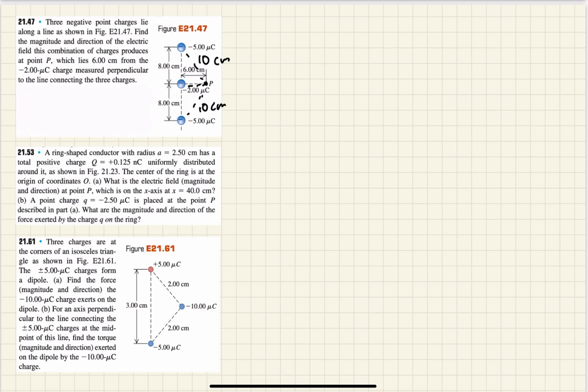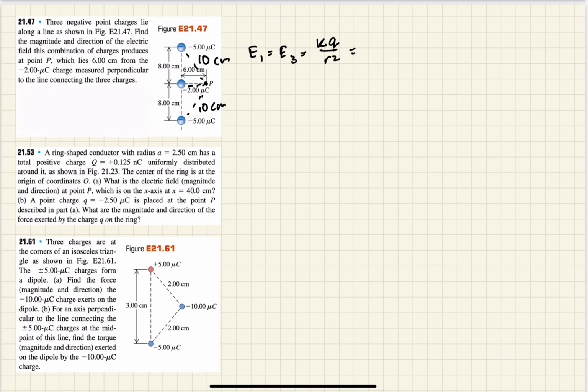Okay. So we know that the electric field caused by 1 and 3 are going to be equal to each other because they're the same distance away from the point and they have the same charge, which is negative 5 microcoulombs. In this case, it's equal to E3, which is kQ over r squared. Only 1 Q because it's the electric field.